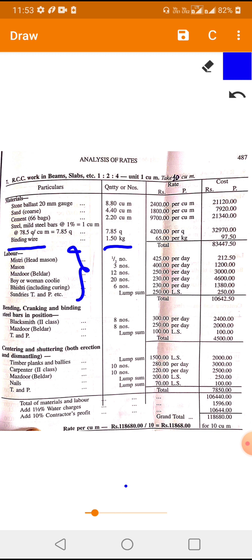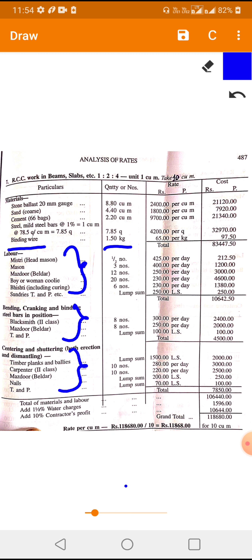These labors are required to prepare the concrete, and these labors are required for fitting and placing of the reinforcement, bending, fitting of the reinforcement of the steel. Okay. And these are the labors required for placing the concrete, for providing the formwork, etc. So these are fixed values.